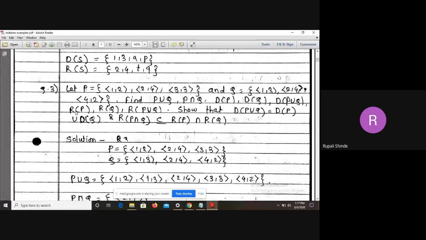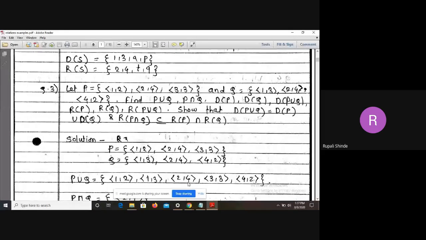Correct. Then range of P. 2, 4, 3. Range of Q. 3, 4, 2. Correct. And range of P union Q. 2, 3, 4. Yeah.